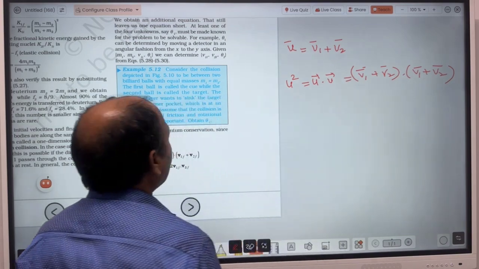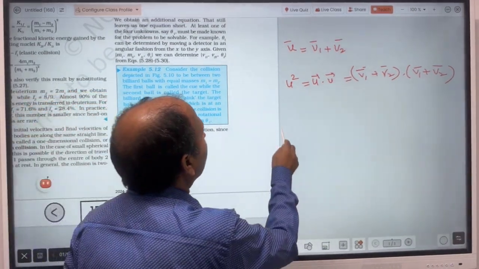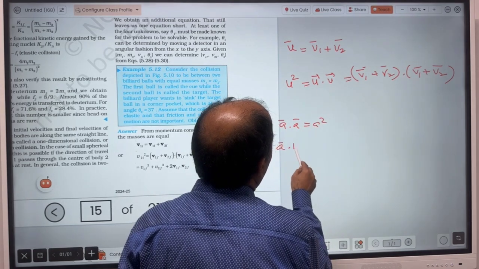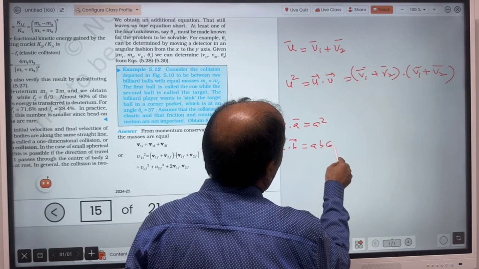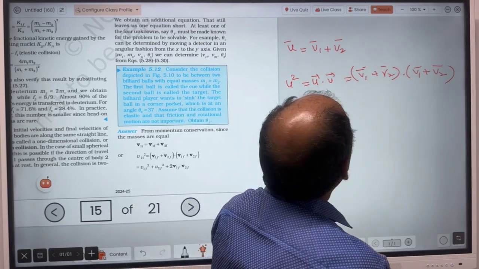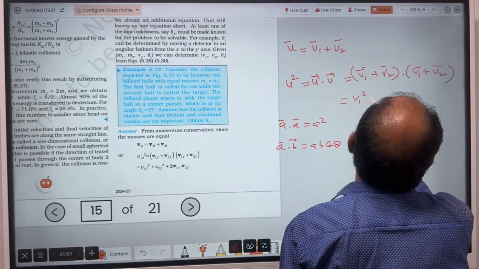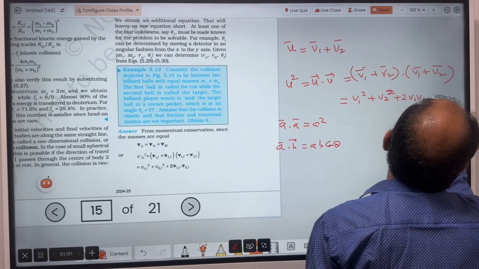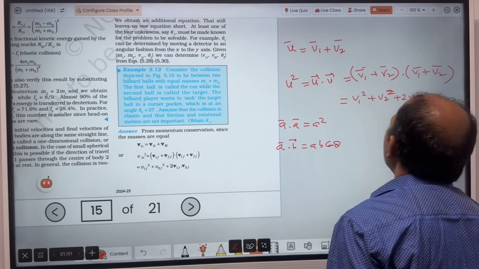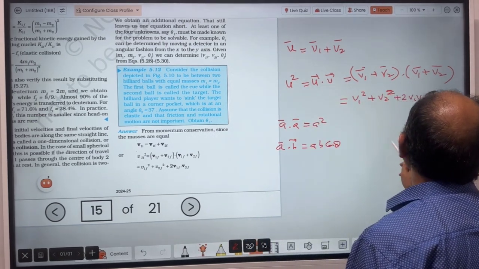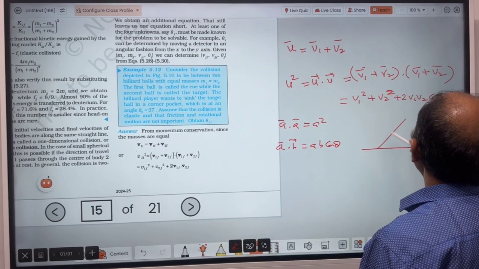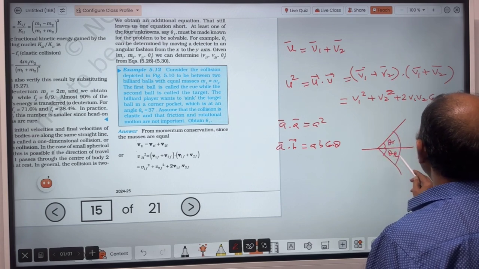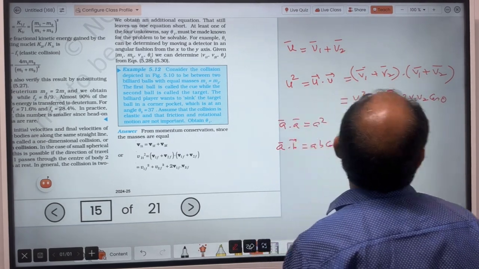Now if you remember dot product, vector a dot vector a gives a square, vector a dot vector b gives ab cos theta. The same thing will happen here: it will become v1 square plus v2 square plus twice of v1 v2 cos theta, where theta is the angle between the two velocities. The situation is like this. Here this is theta 1, this is theta 2. So theta will be the sum of the two, theta 1 plus theta 2.